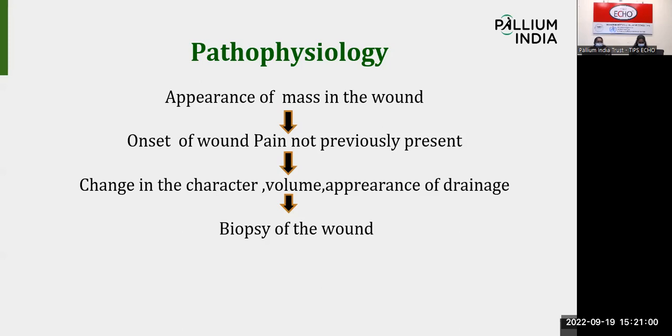If these kinds of changes are there, it is better to refer the patient to the oncologist and take a biopsy, and then you can find out whether the wound is a Marjolin's ulcer or not. This is a cancer with curative possibility, so if these changes are there, refer the patient to the oncologist.